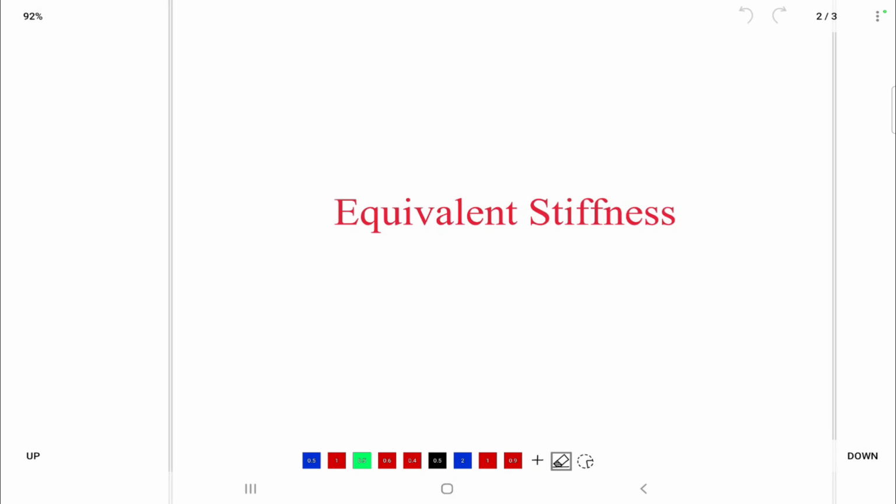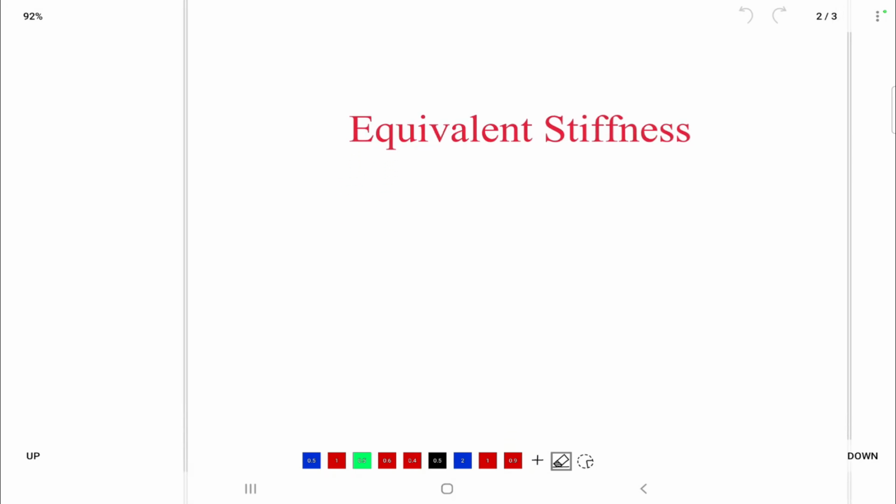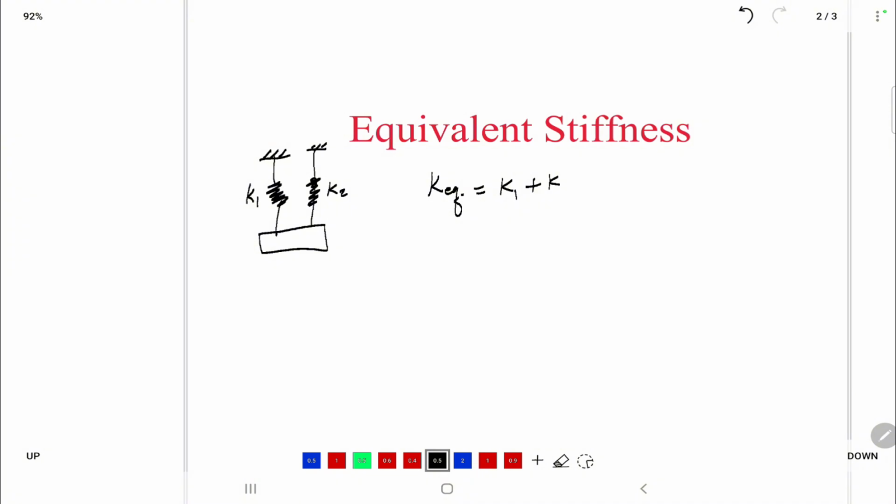Equivalent stiffness. Last session we discussed the equivalent stiffness and we took two cases. In one, we have two springs K1 and K2 in parallel, so the equivalent spring here will be K1 plus K2.